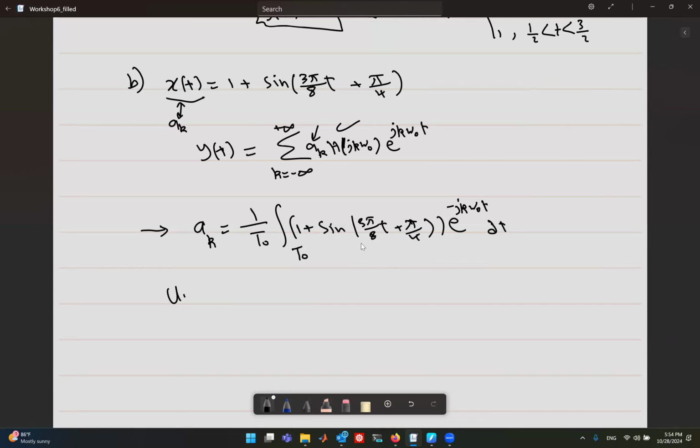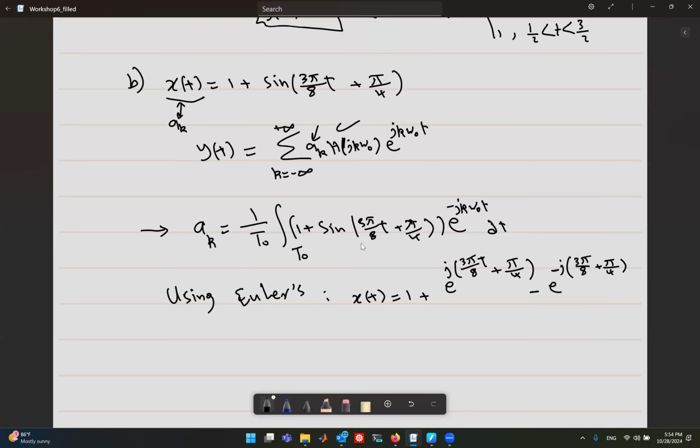Using Euler's formula, xt will be given as 1 plus the sine, which will be exponential j times everything inside the sine, 3 pi divided by 8 t plus pi over 4, minus exponential minus j times 3 pi over 8 t plus pi over 4, divided by 2j.